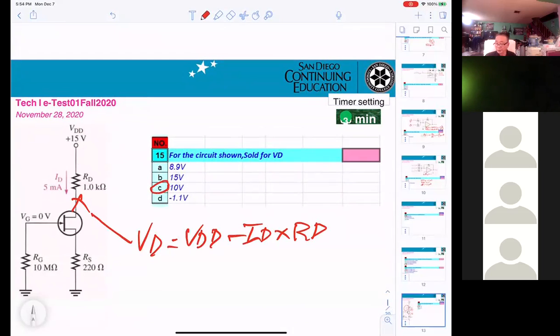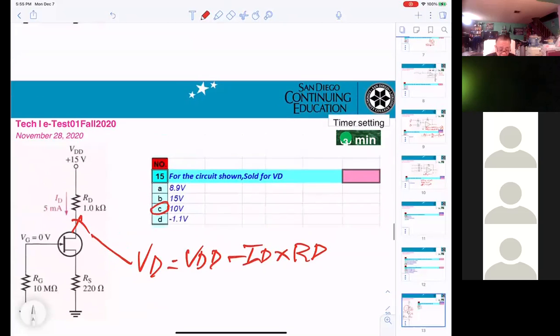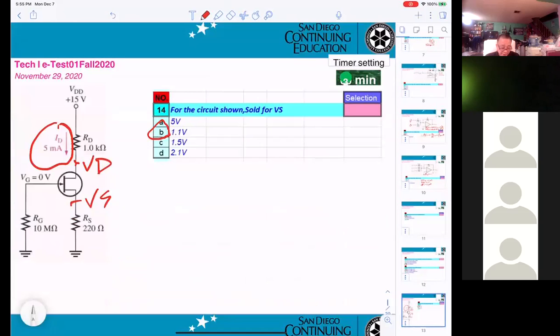If you're doing it right, it will be C. Any question? Okay, let me know. Mr. Pham, can you go to number 14, please? Yes. What I'm saying here, this is given to you, 5 milliamp, right? Okay, so VS equals ID times RS.